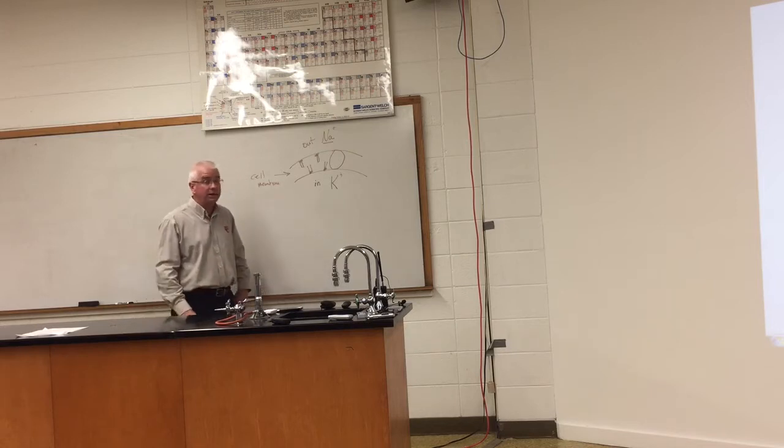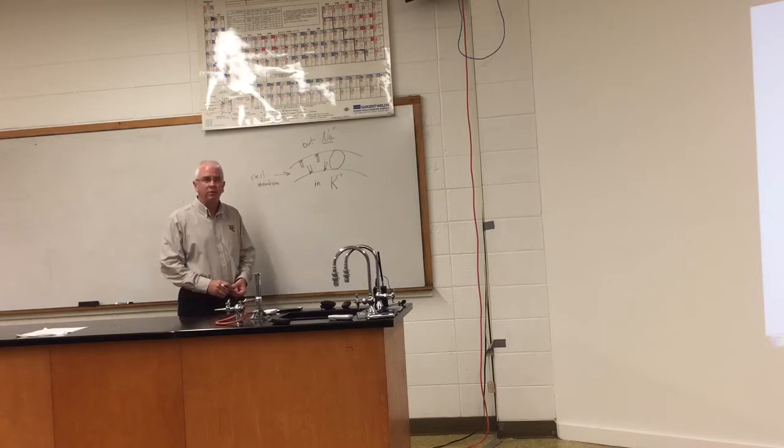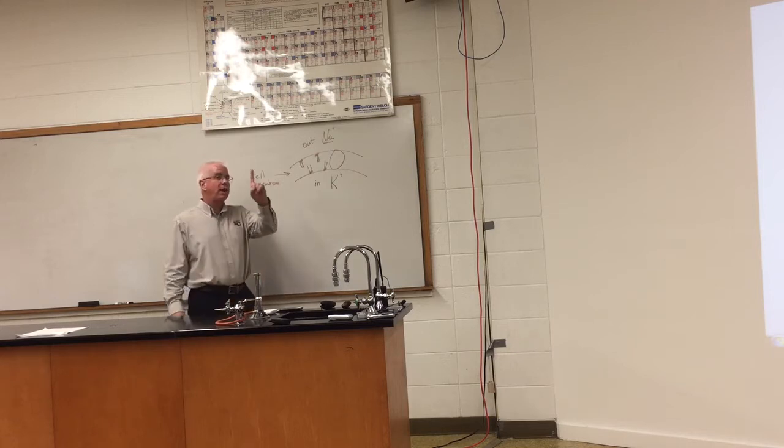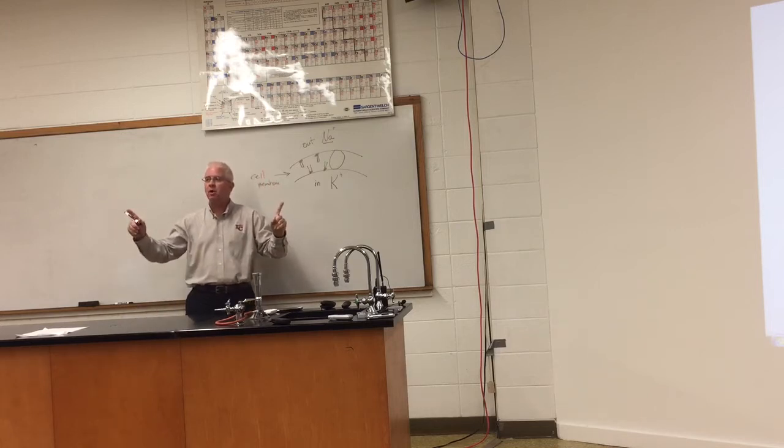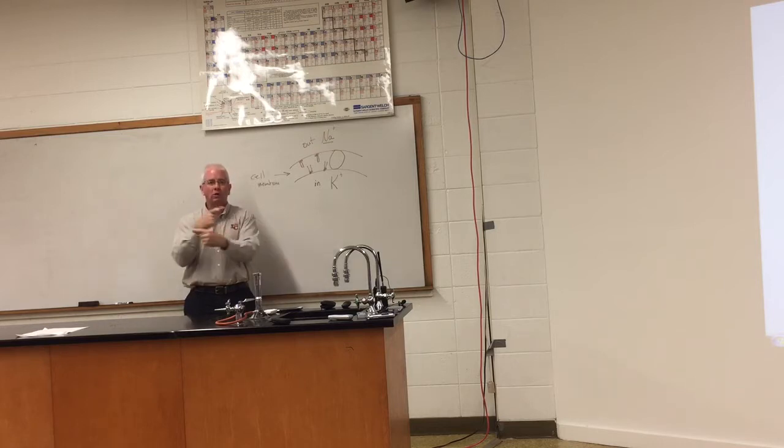You're going to learn a lot of details about this over the course of the semester. But for today, I want you to see the answer to the question, why does it matter? How does it work? What does it matter that I know these things? This is the why question. In order for a nerve to work, in order for a muscle to work, sodium and potassium must cross the cell membrane.